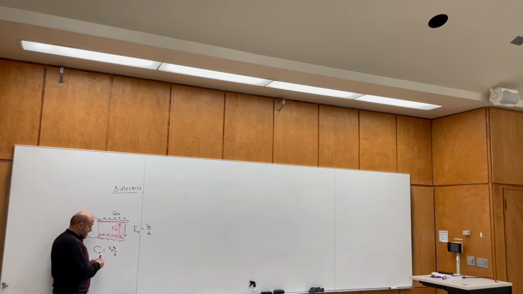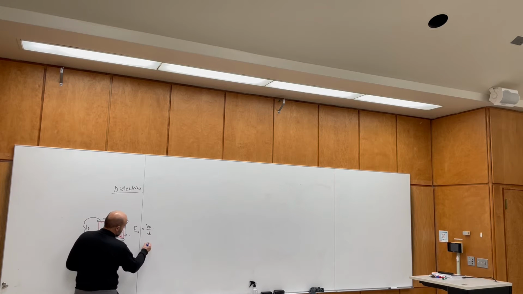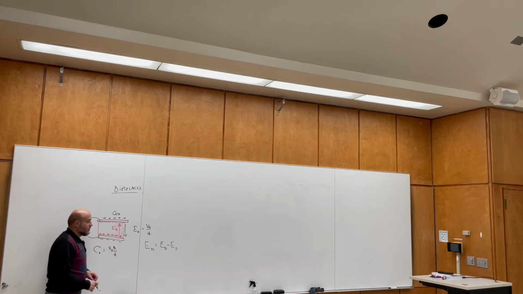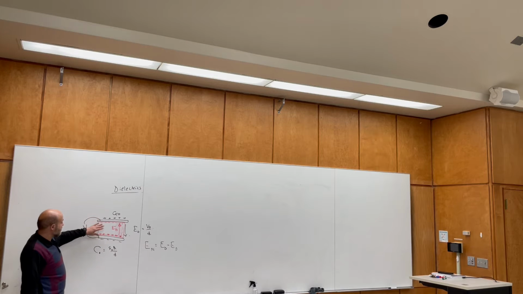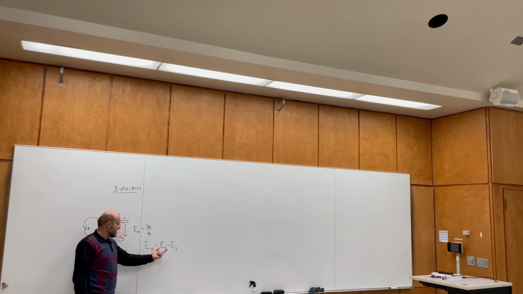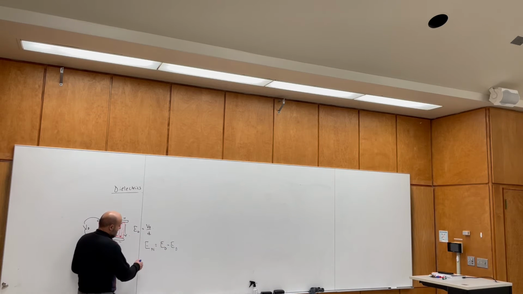The new electric field, I call it E nu, is E0 minus E, because E0 is the electric field without dielectric and E nu is the electric field with dielectric. As you see, with dielectric it's smaller than without by this amount, which I don't care about for now.